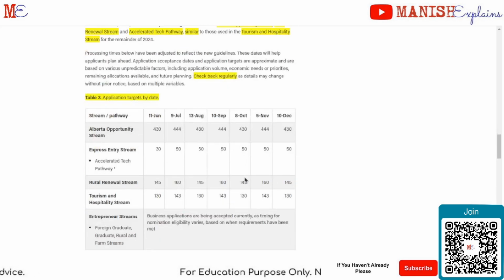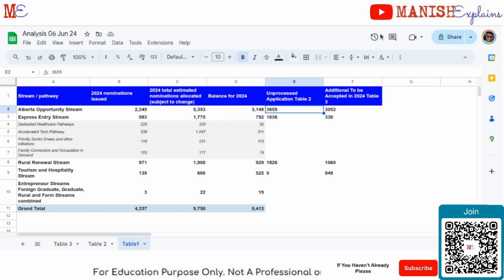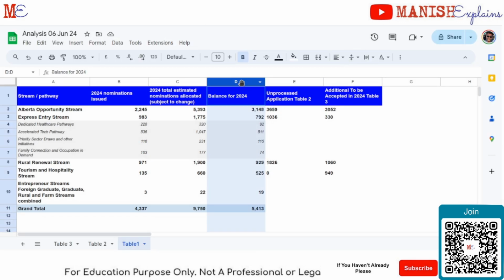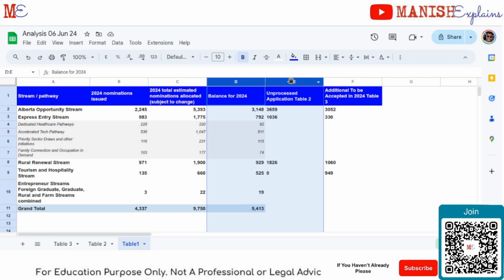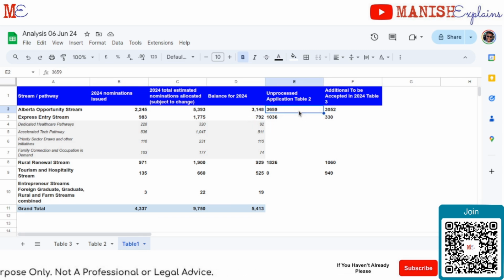Next, in table number 3, they have declared that they are going to accept more applications. If you concentrate on these two columns, you would see there is a nomination balance of 3,148 left, and they already have 3659 pending. But they are again accepting 3,000 more applications.